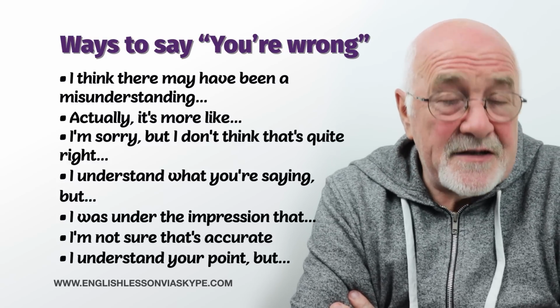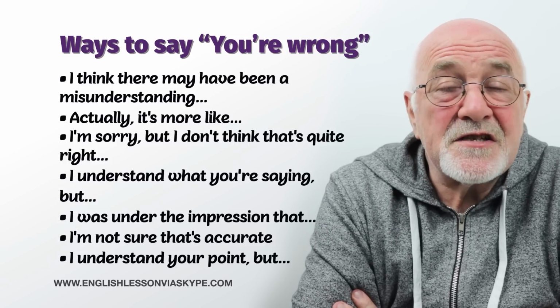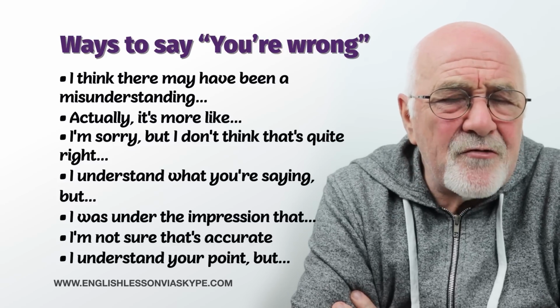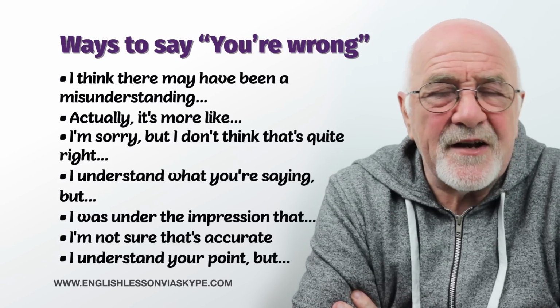So they're indirect, and these are other ways to soften the blow. Very British English. I'm not sure that's accurate. Why don't we check it out or check it up? Okay, so just different expressions, how you can challenge somebody, how you can indicate that something may be wrong, but you're being as polite as you can possibly be.